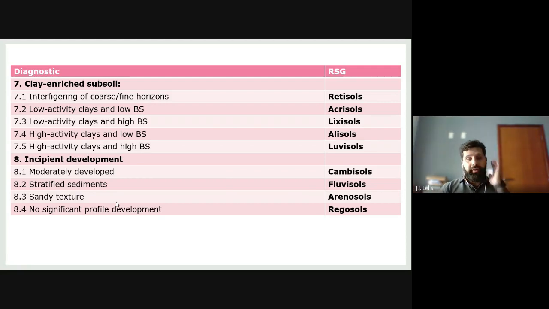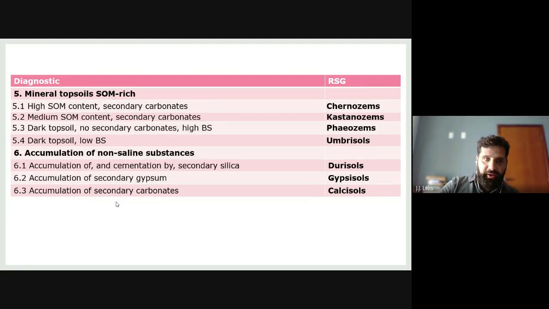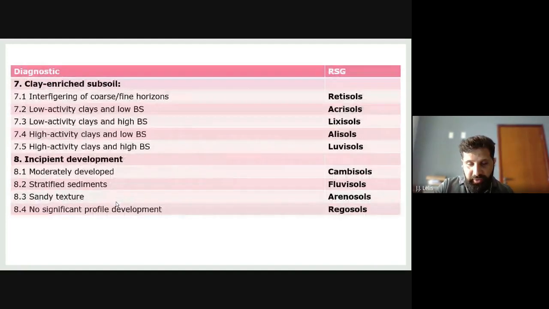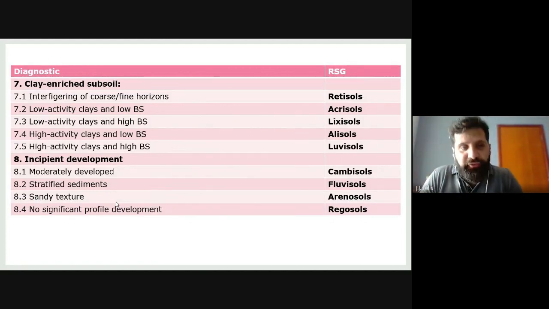So Regosols are classified if you cannot identify the soil that was described in the field as any of these 31 reference soil groups. So I need to check each one, and if none of them fits this soil, it comes from a Regosol, a soil that did not present a specific soil property.